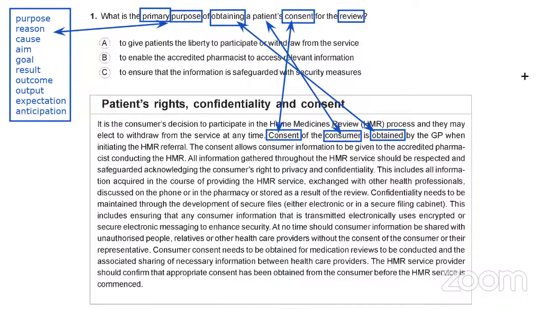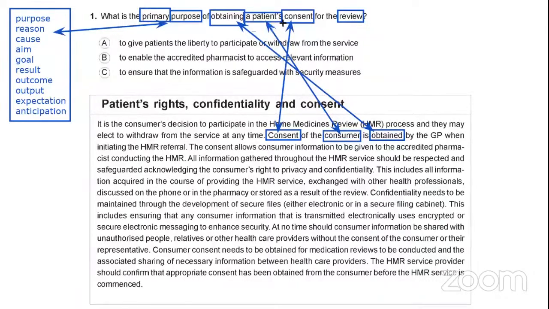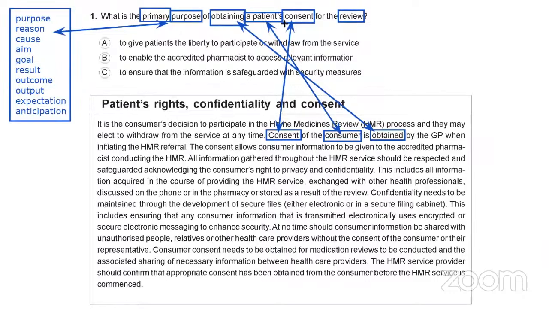From the question: consent of the consumer, meaning the patient, is obtained by the GP when initiating a HMR referral.